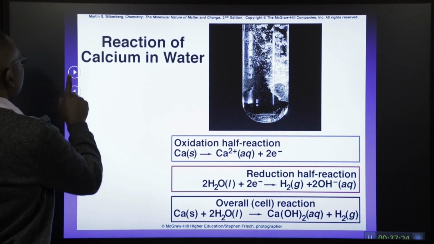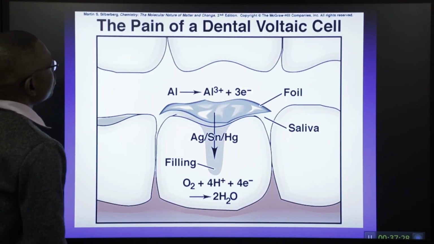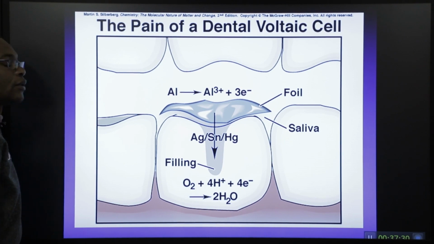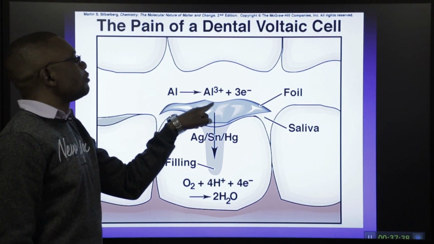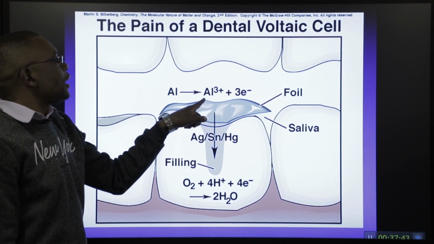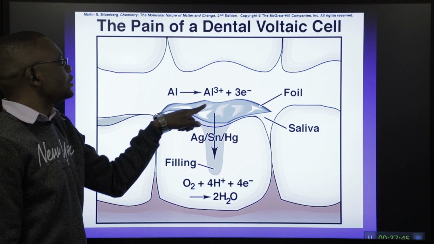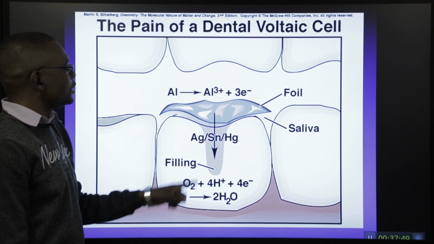Okay. So here is one of the systems which is used in the dental treatment of your teeth in what they call a dental voltaic cell. What's happening there? You've got aluminium or an amalgam. So they bring in aluminium foil, and this is what happens at the aluminium silver tin mercury interface.